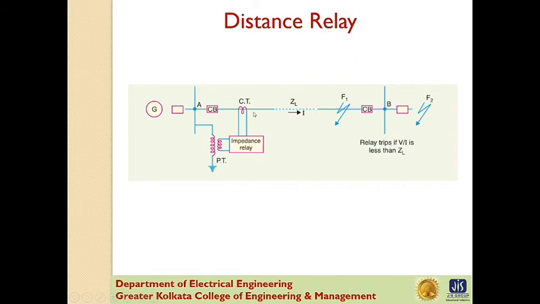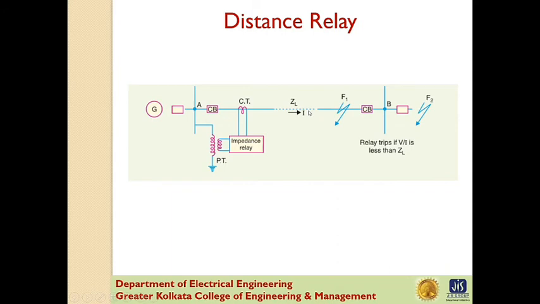The portion AB of the line is the protected zone. Under normal operating condition, the impedance of the protected zone is ZL. Now the relay is so designed that it closes its contacts whenever the impedance of the protected section falls below the predetermined impedance value ZL.